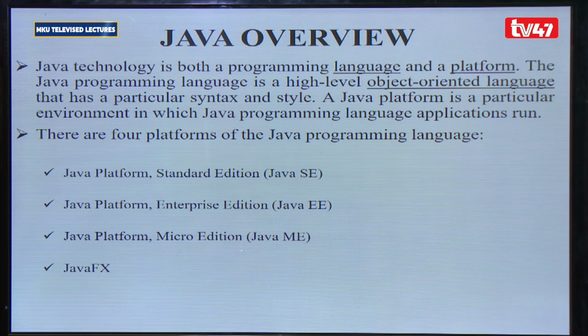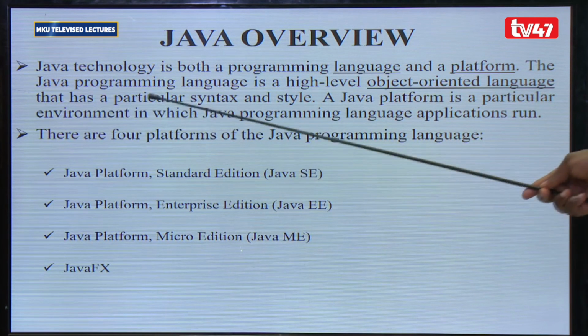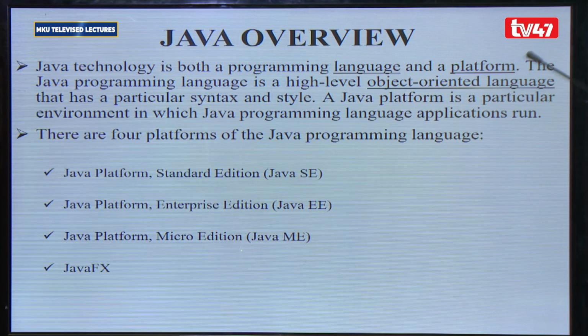It gives you an opportunity to develop mobile applications, and it's a high-level, object-oriented language, you can underline object-oriented. And it has a particular syntax and style of how it is executed.